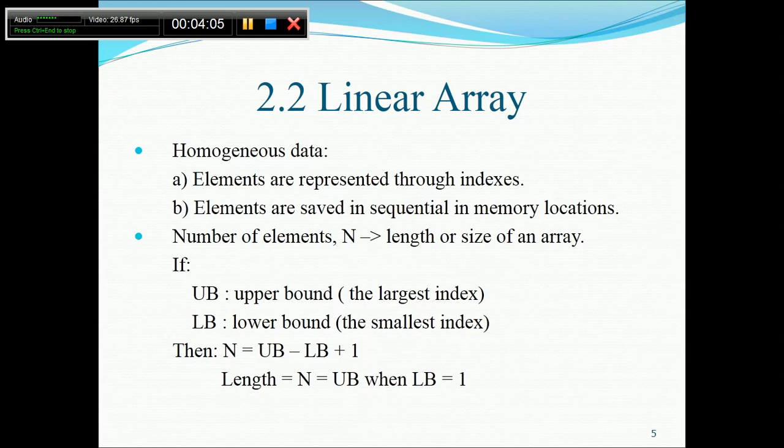By default, remember that array indexes start from 0 only, but in some cases, if it starts from 1, then n is equal to UB. The formula n is equal to UB minus LB plus 1, that is upper bound minus lower bound plus 1, will be correct, given that the lower bound starts from 0. That's why there is a plus 1. For example, suppose you have 0 to 8, how many elements? 0 to 8 is 9. So 8 minus 0 plus 1 is 9.